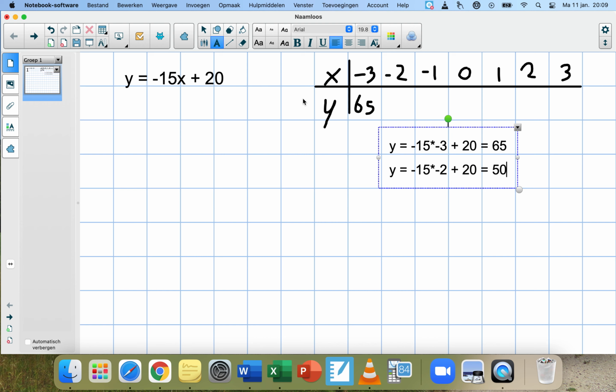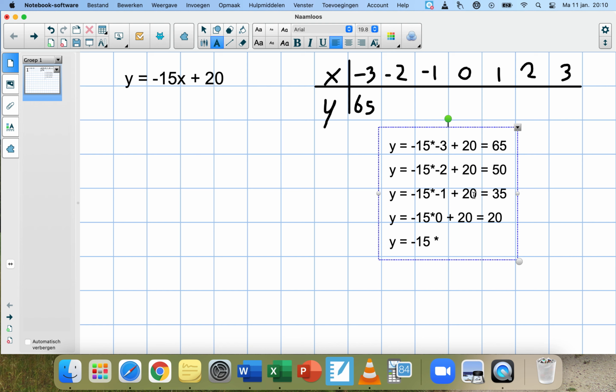And we're first going to calculate the rest, then we can fill it in at once. So we are going to continue doing this until we have all the values for the table. So minus 15 times minus 1 plus 20, that's 35. Minus 15 times 0 plus 20 is 20, because minus 15 times 0 is 0.